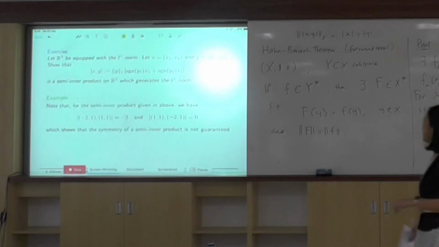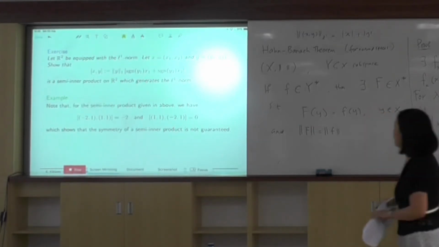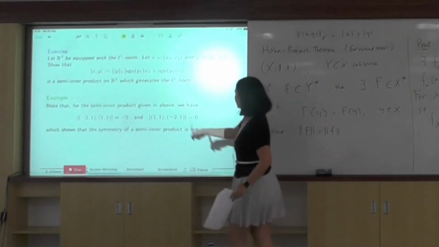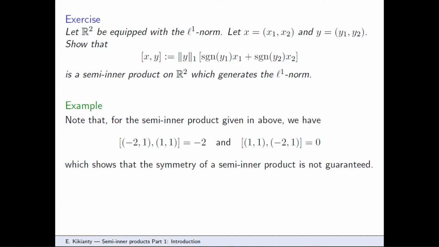And note for the semi-inner product given up there, if you select these 2 guys, like (-2, 1) and (1, 1), let's just punch it in here. So the semi-inner product of this is what? First of all, the norm of y is 2, right? And then sign of y1, positive, multiplied with x1. Did I get this right?